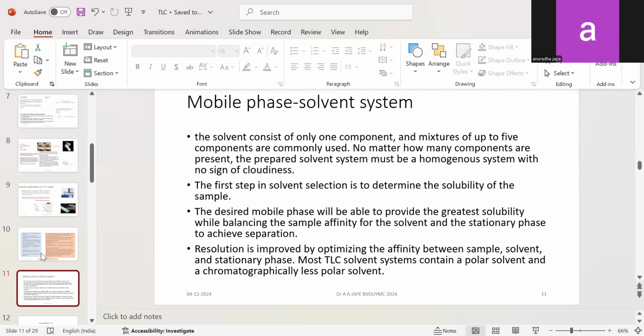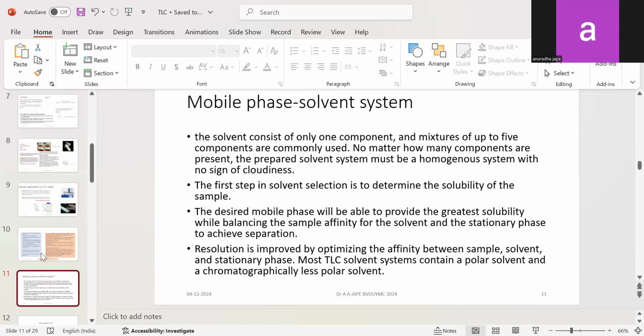So your solvent system may be a composition having water as one of the components also. The stationary phase water, that is of cellulose, or in case of silica gel, it is tightly held on the matrix. That is cellulose in case of paper and silica atoms of silica gel. So it is not going to mix up with the mobile phase, right? So the mobile phase can have water as one of the components of the solvent system.